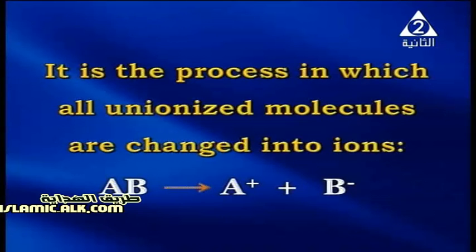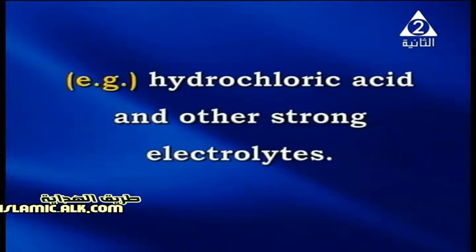As the equation proceeds on the screen, if we bring a molecule like AB, two elements here, capital letters, they are ionized completely into A positive ion and B negative ion. Here, for example, hydrochloric acid changes into hydrogen ion and chloride ion, and other strong electrolytes.